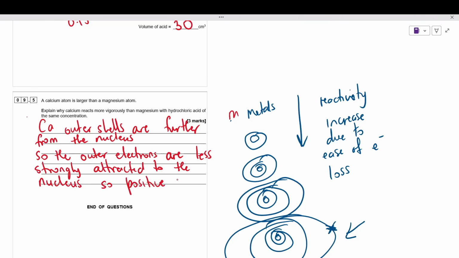So positive ions are formed more readily. And that's the full extent of it.